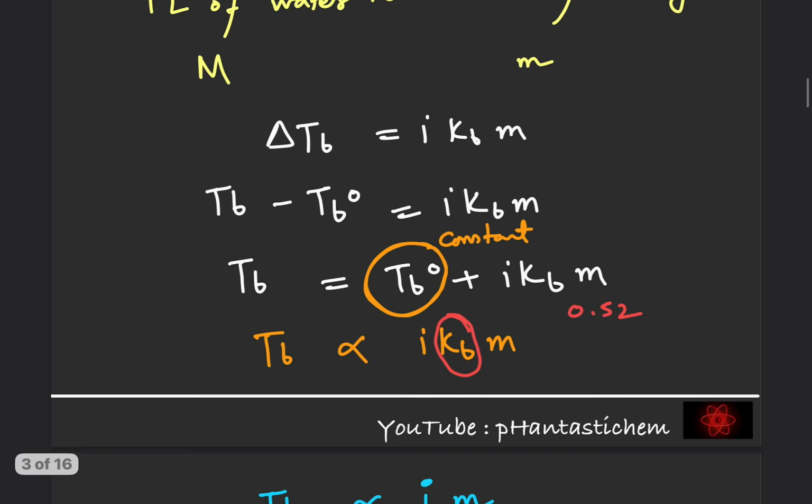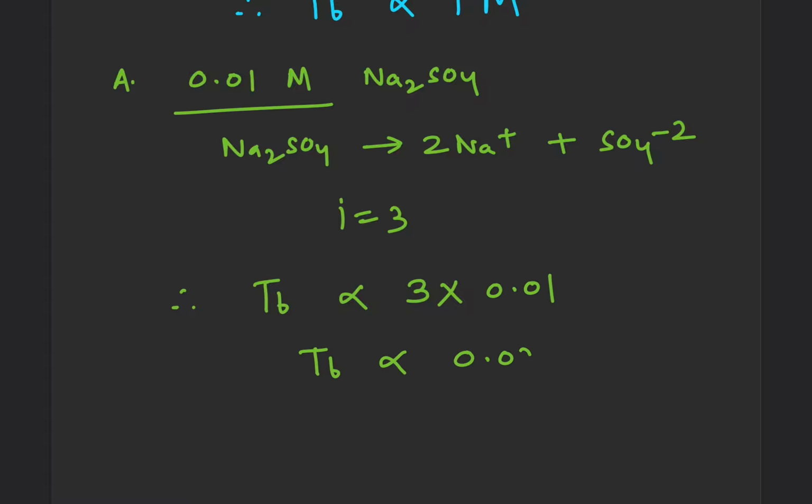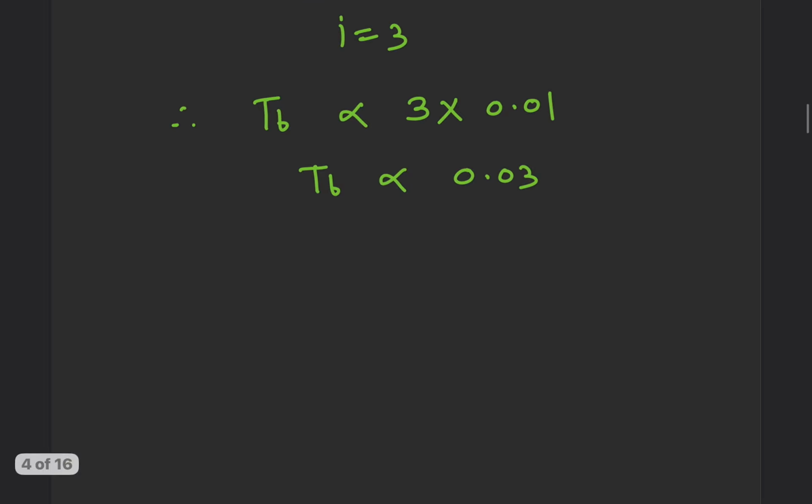You can see 1 mole of solute sodium sulfate will give us 2 and 1, 3 ions in total, right? So therefore i is equal to 3. So therefore TB will be directly proportional to 3 into the molarity, 0.01, or you can say TB is directly proportional to 0.03. Okay, cool.